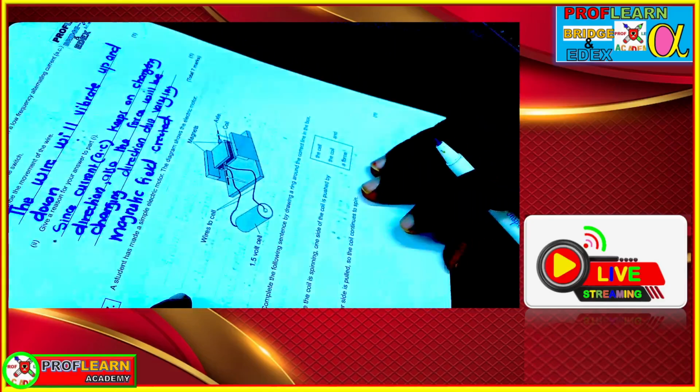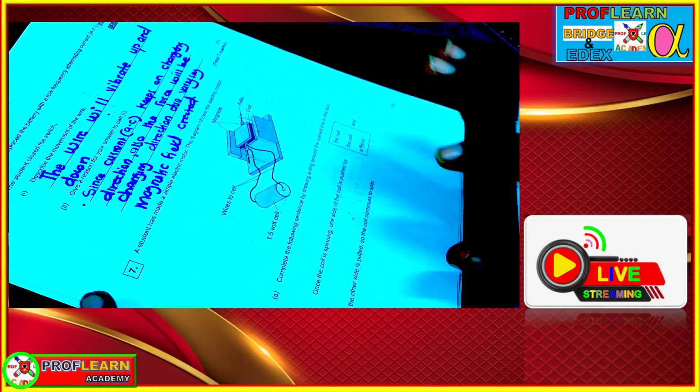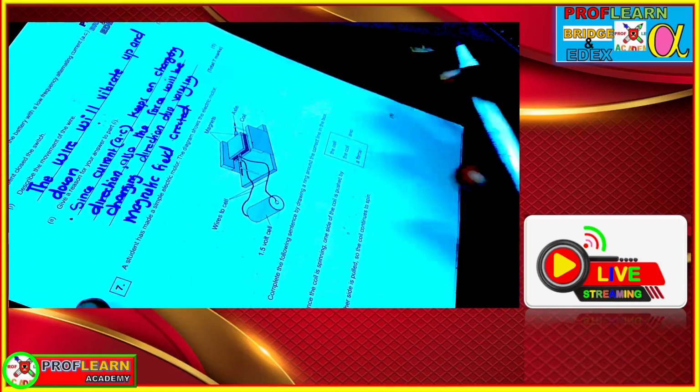Alternating current creates magnetic fields which are constantly changing direction, and that's why we're going to say that.